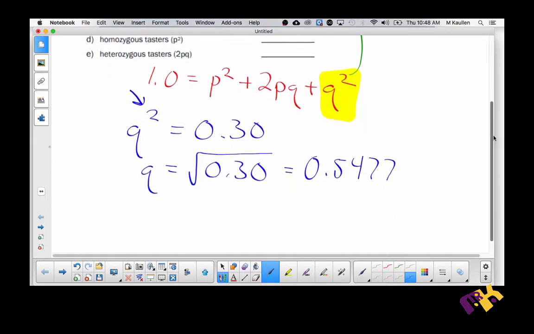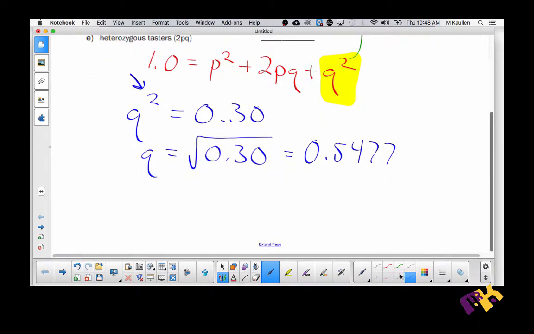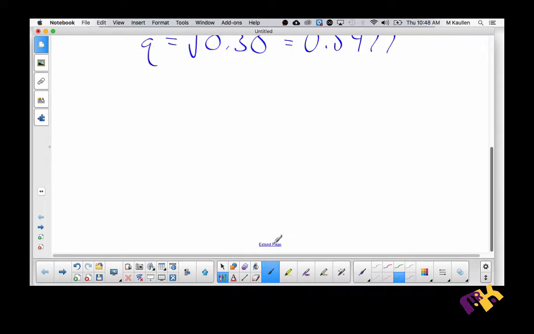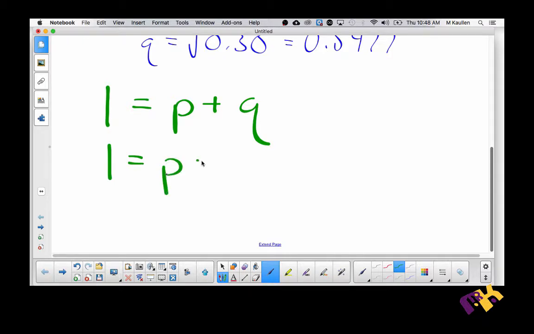Okay, so remember, not only do we have Hardy-Weinberg's equation here, but we also know, if we extend the page down, that 1 is equal to P plus Q. So that means 1 is equal to whatever P is plus our 0.5477.